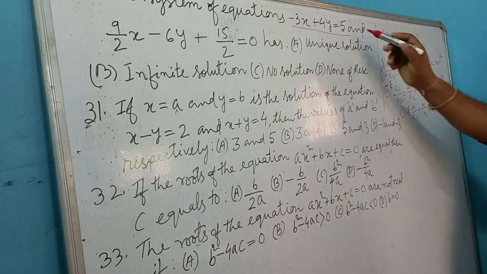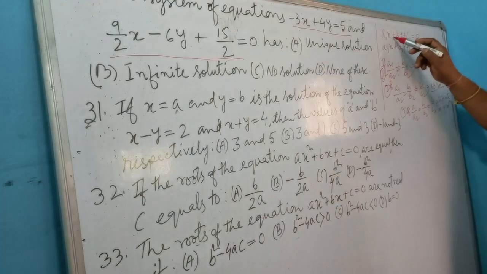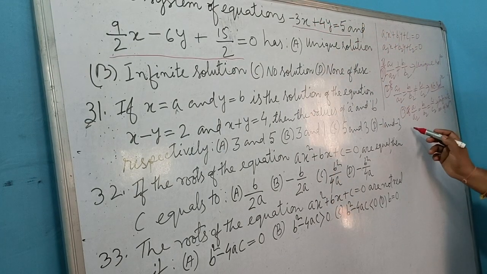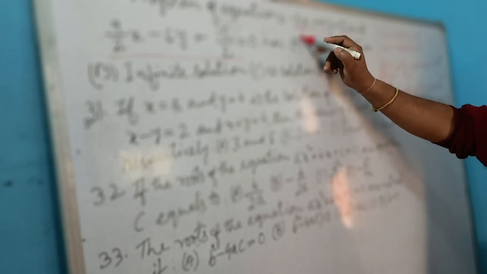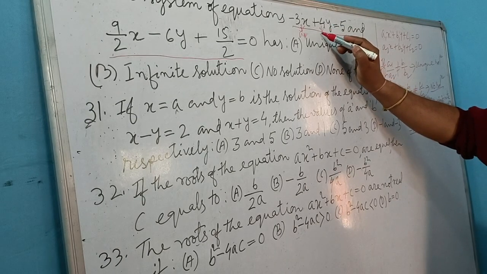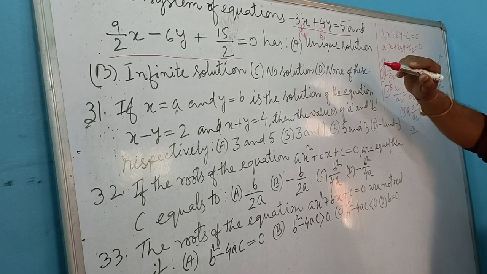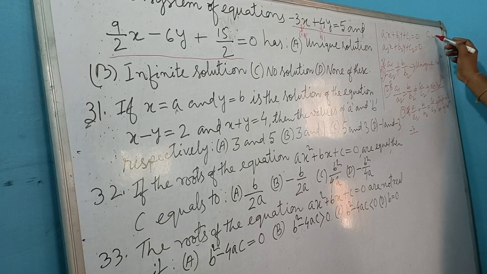Now if we compare these two equations, this one and this one, clear? Then we get a1 is minus 3. This is your a1, and this is your b1, and if you bring the constant here, c1 will be minus 5.